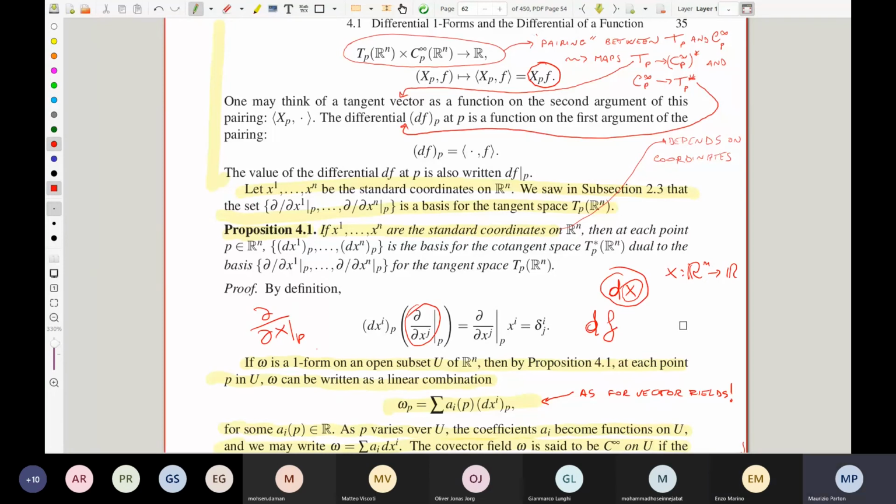In this new way, D in the x is a tangent vector at P. And of course, if you look at the tangent vectors at P to Rn, just like Rn, you forget the point of tangency. This is just the vector 1, 0, 0, 0, 0, the derivative in the direction of x.